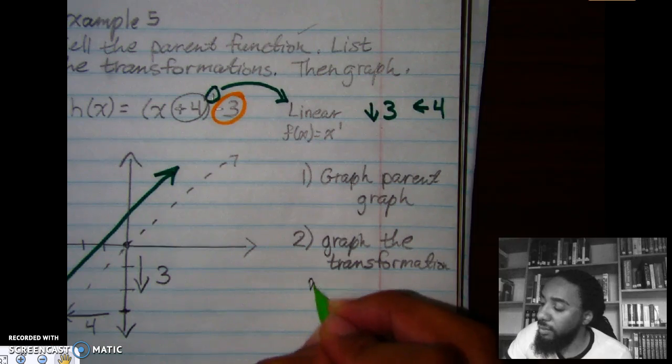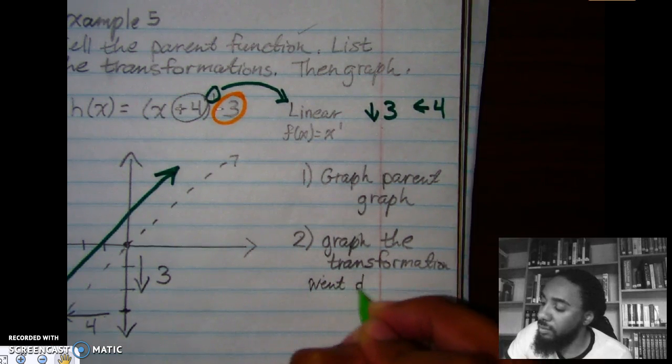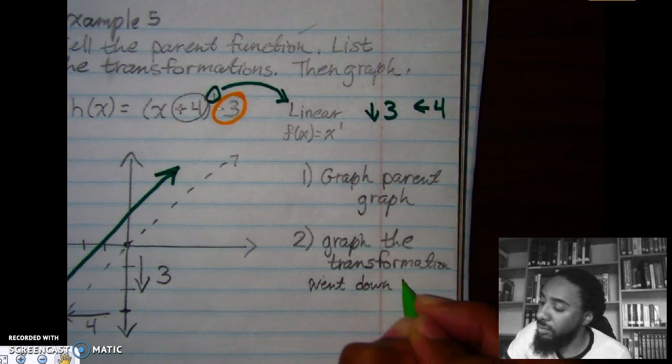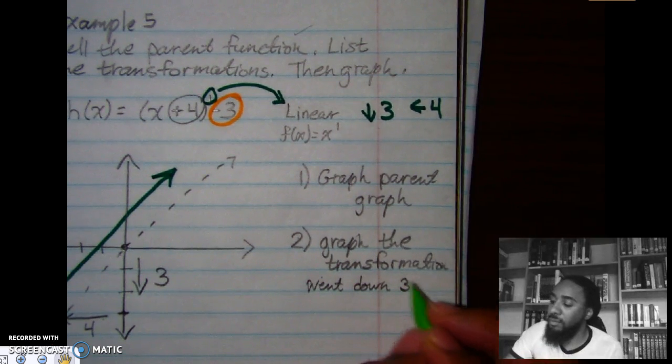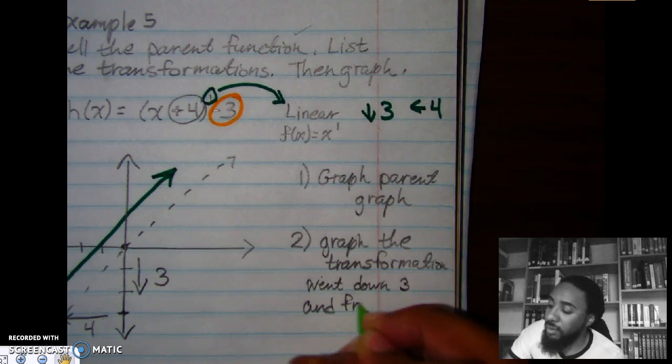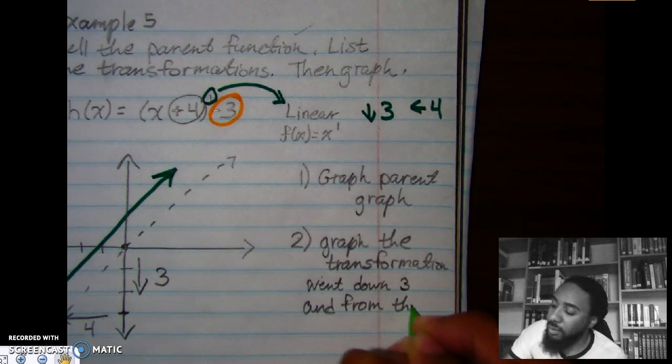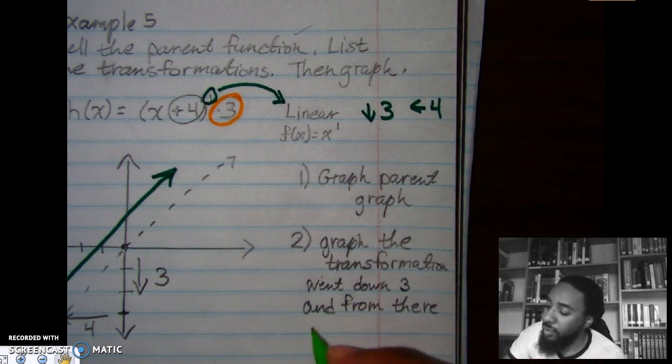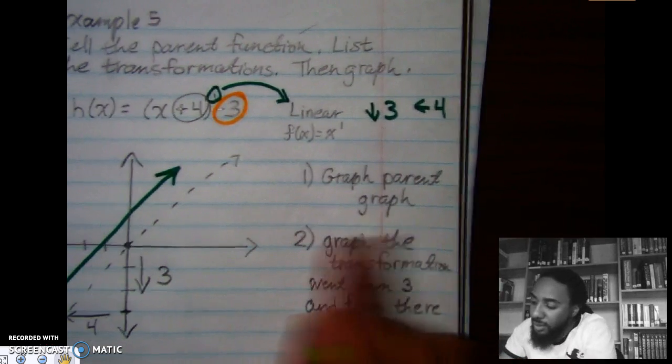So we went down 3. And from there, went left 4.